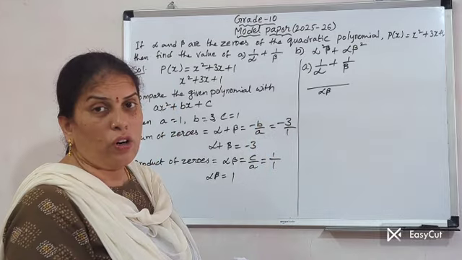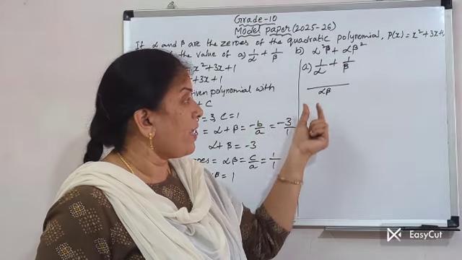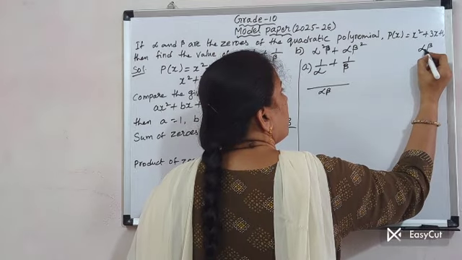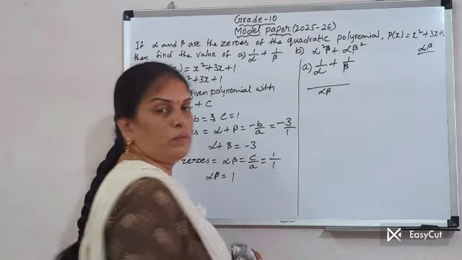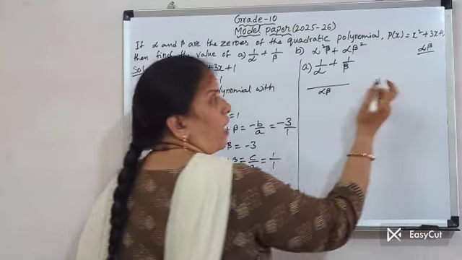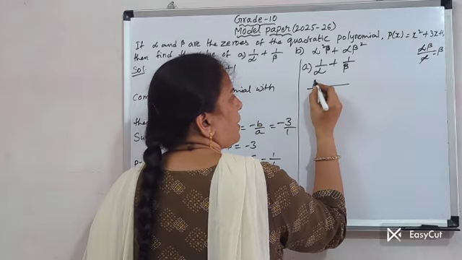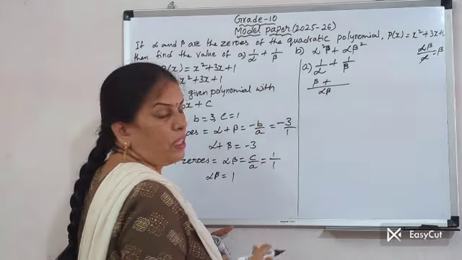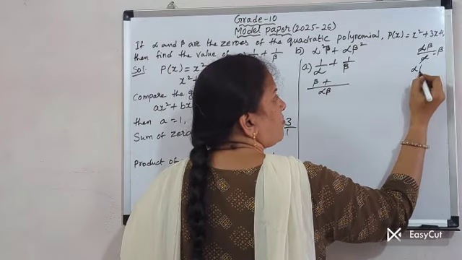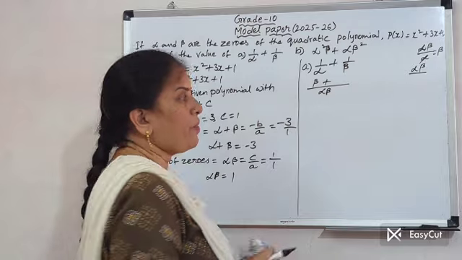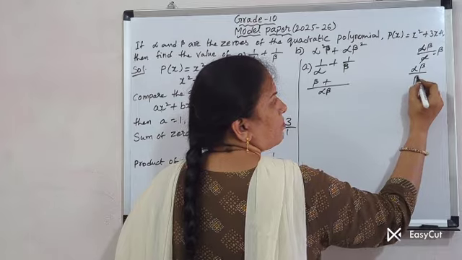So many members don't know how to take the LCM properly. Here alpha beta is there. Write down alpha beta in the denominator. What is in the denominator of the first term? Alpha. Alpha cancels, so beta remains. Plus, again write down alpha beta as the LCM. What is the denominator of the second term? Beta.